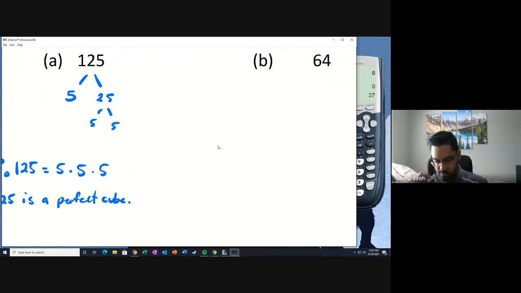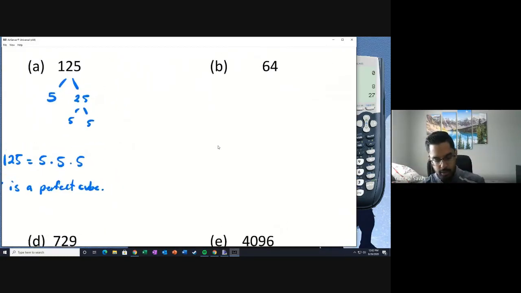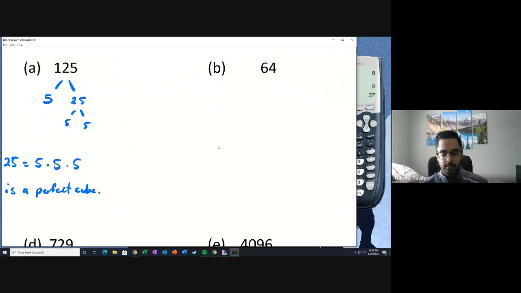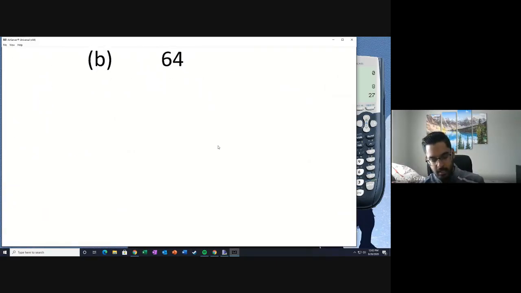Okay, so let's talk about 64 now. This one might be a little interesting. Again, we'll factor it. So let's use that factor tree idea again. And I'm going to start by splitting this up into, what do I want to do here? Let's use 2 and just keep it simple. So 2, 32. And we'll do 2 and 16. We'll do 2 and 8. We'll do 2 and 4.